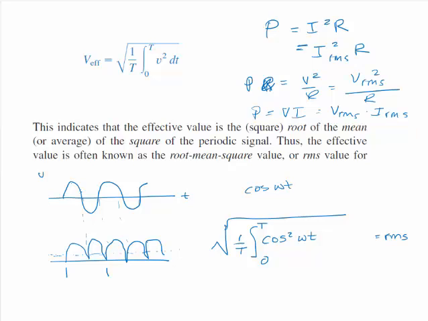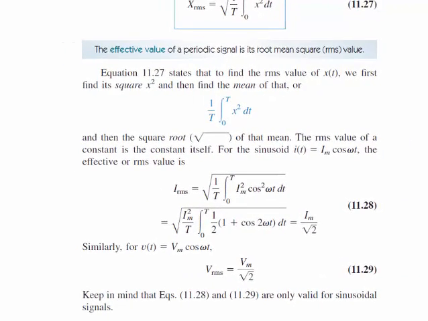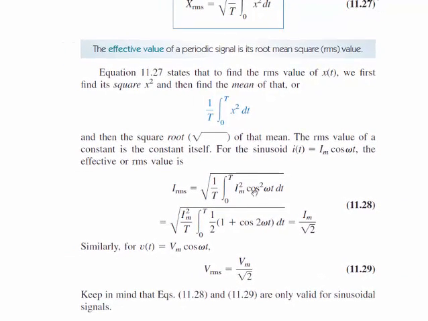Now, in this course, of course, we're dealing a lot with sinusoidal functions, periodic, something that's cosine something. So we deal with current being, for example, I max or I peak times cosine omega t. And the question is, what's the RMS value of that? Your book did that example for you. I max squared cosine squared omega t, that's squaring the function.